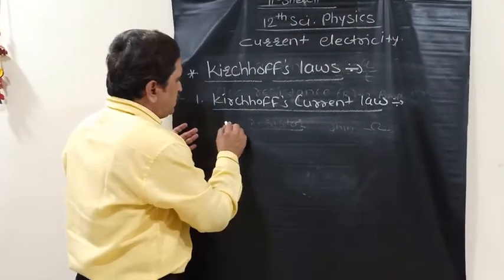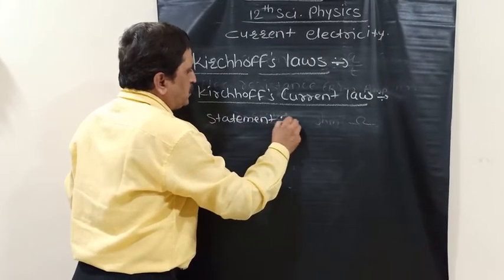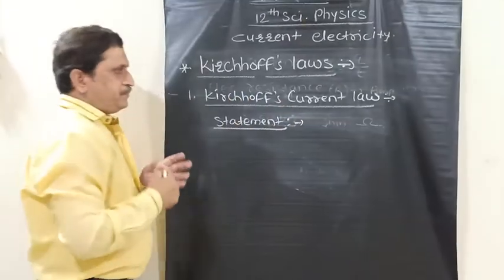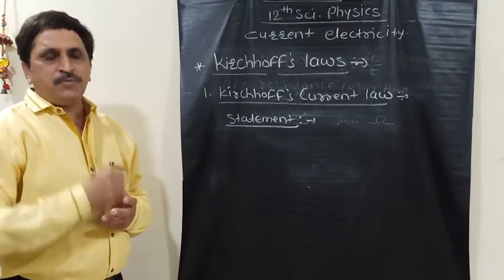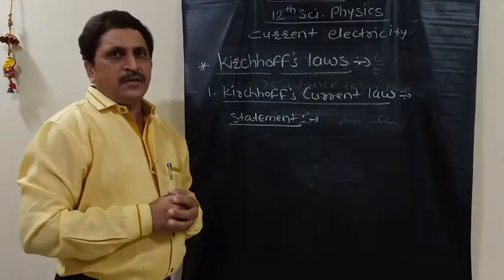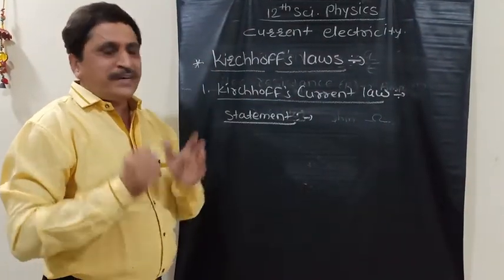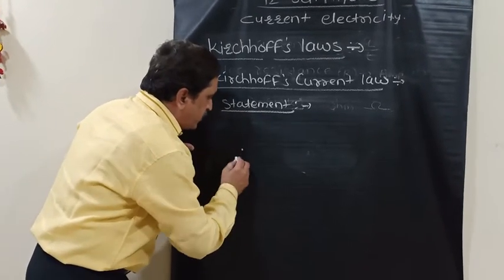First we will see the statement of this law. This law states that in a closed electric circuit at any junction point, the total algebraic sum of electric current is always equal to 0. What does it mean? Suppose we consider one junction point O in a closed electric circuit.